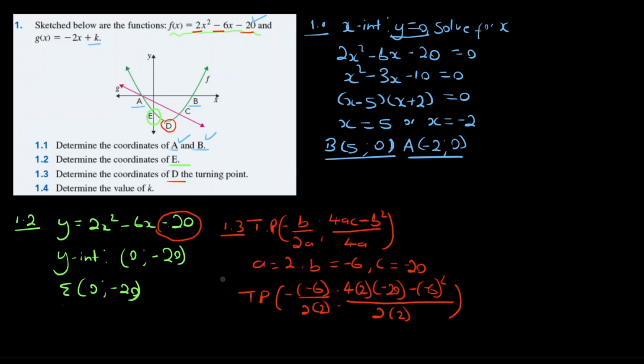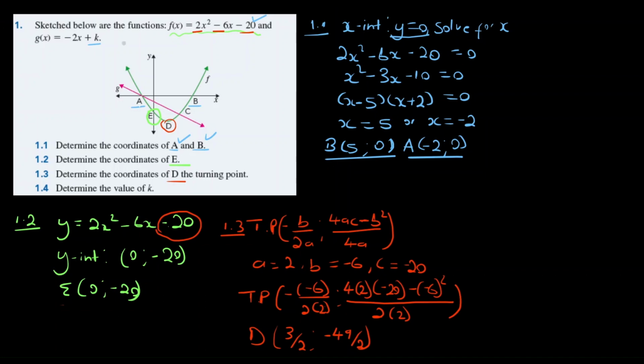And therefore the turning point is the coordinate of D: 3 over 2 and negative 49 over 2. That makes sense, as the x value is positive and D lies on the right hand side of the y-axis, and the y value is negative because D lies below the x-axis. So we've calculated A, B, E, and D.